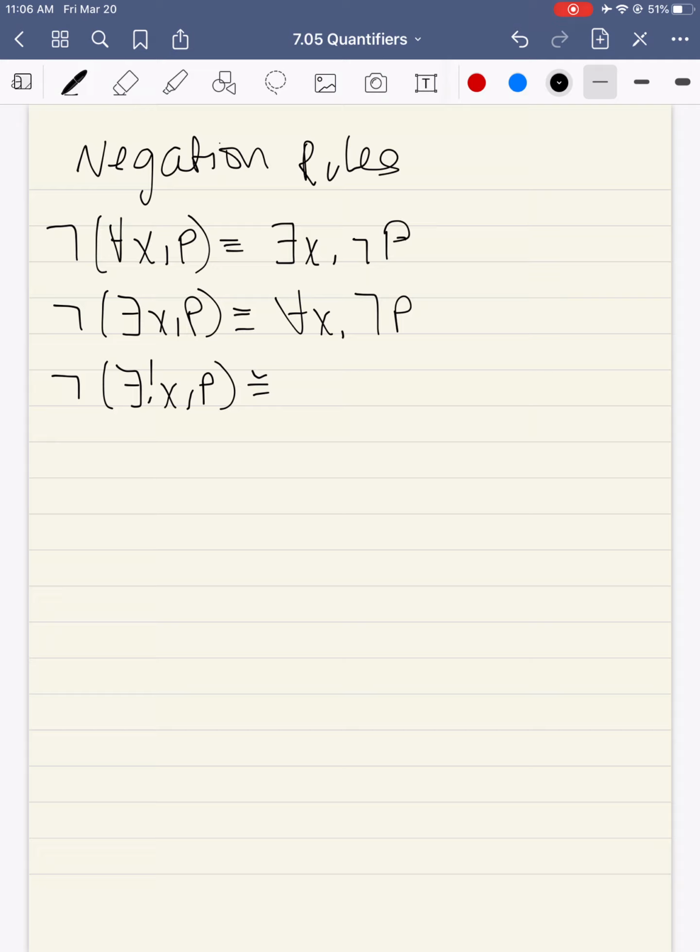So this is going to be either for all x, not P, or there exists, and this is the notation we're going to use here, there exists x1 is not equal to x2.